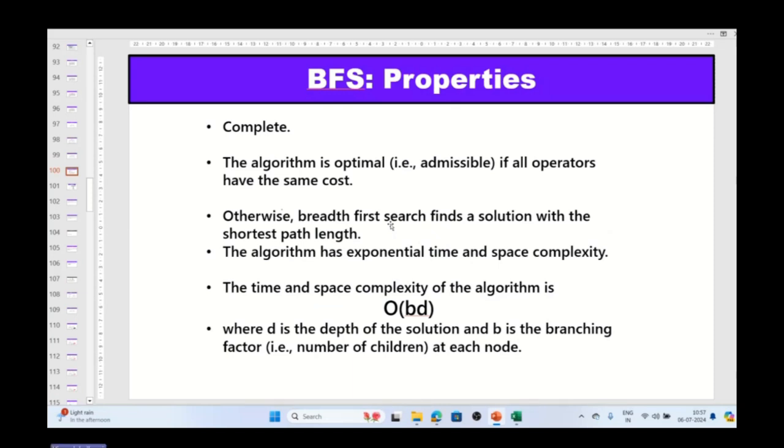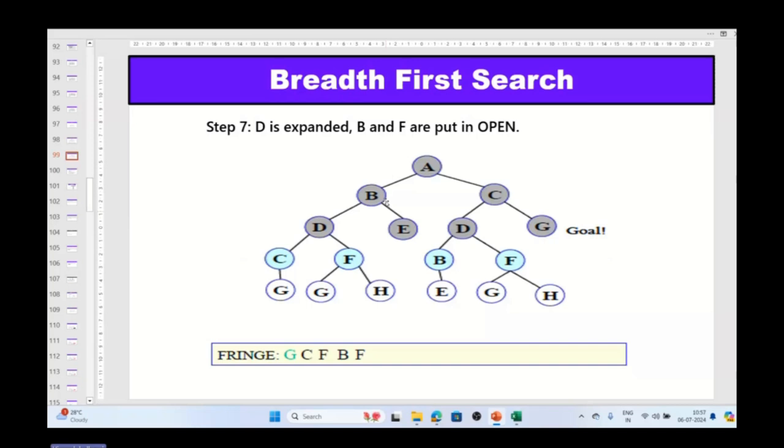But many times, if nodes are large, then the cost will be very high. The time and space formula here is denoted as O(B^D), right? D is the depth and B is the number of branches, or branching factor. This is the time and space. For BFS, time and space are the same because it is scanning and taking everything.